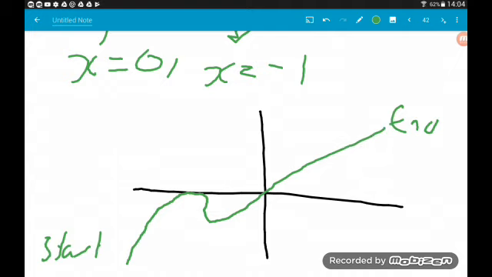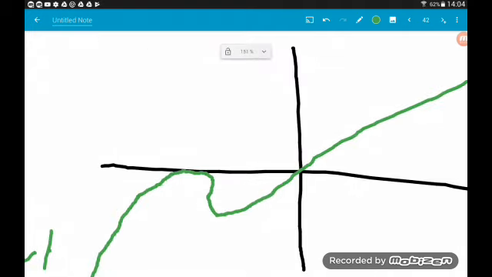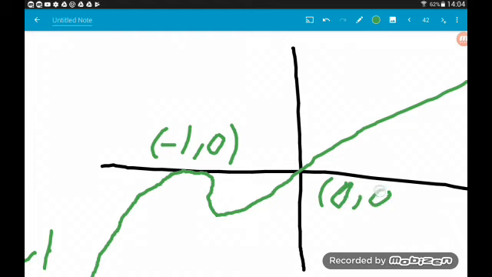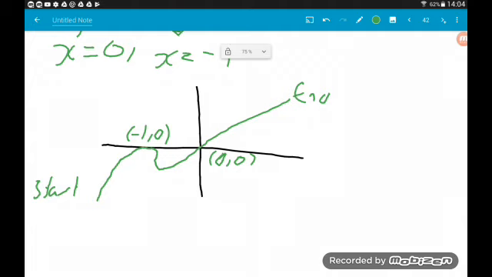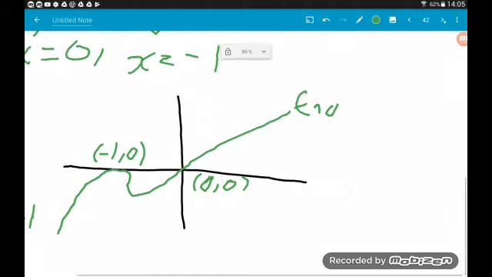It's going to hit the x-axis over here at -1, 0, and then it's going to go back down, but then it's going to go up through the point 0, 0, like that. So there's our sketch to our graph.